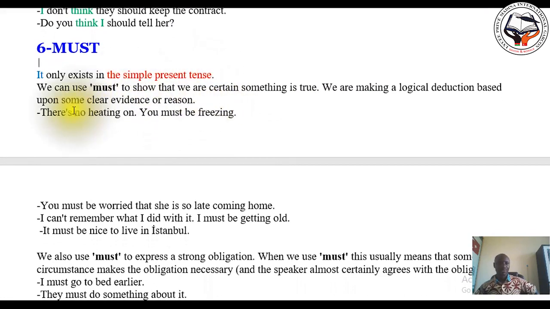Okay, we can use must to show that we are certain something is true. If you are certain that something is true, we can use must.